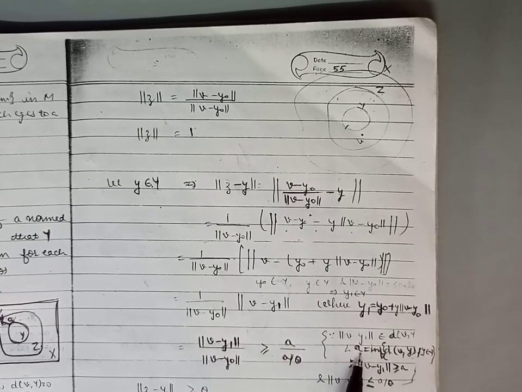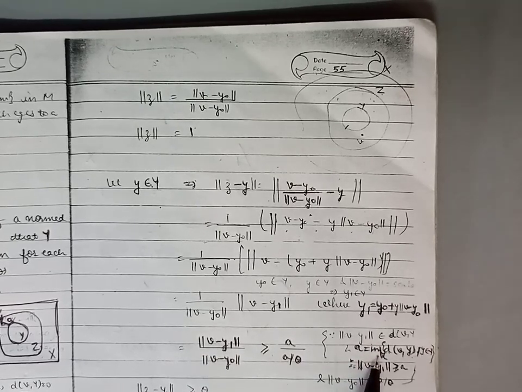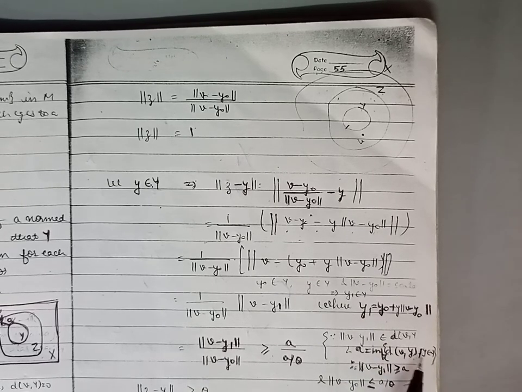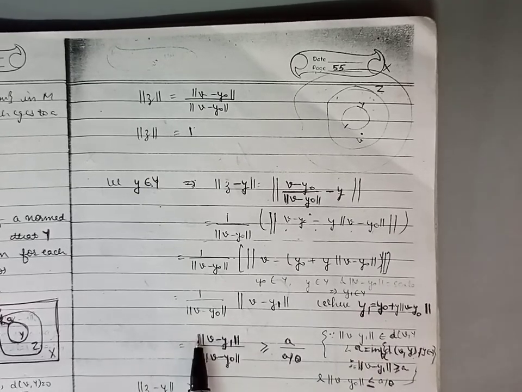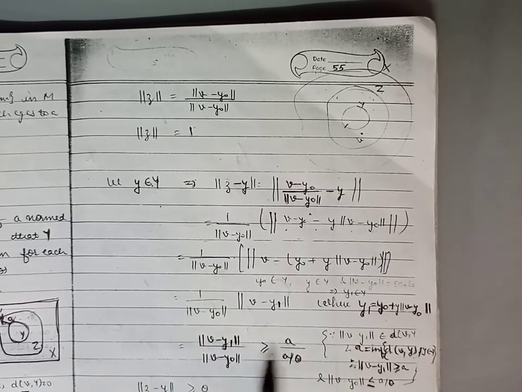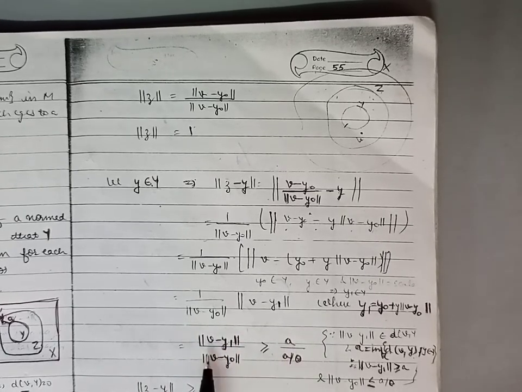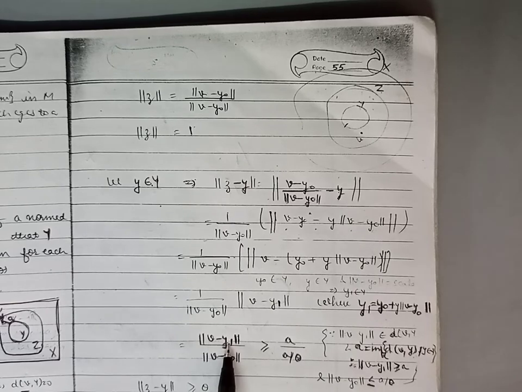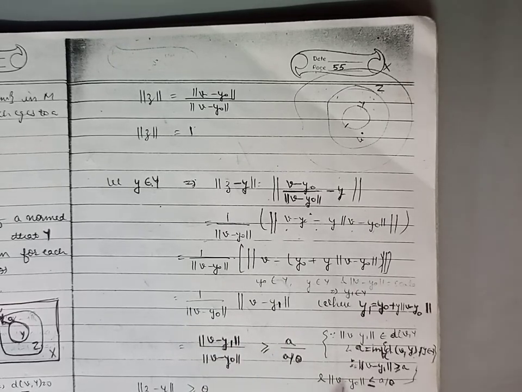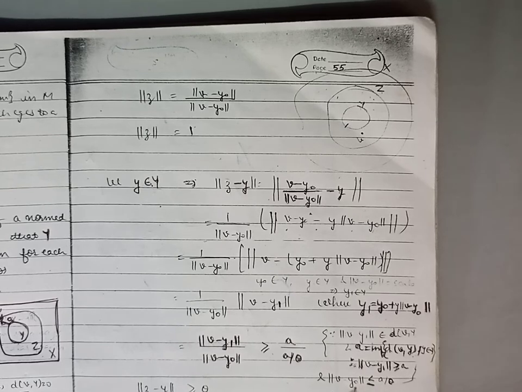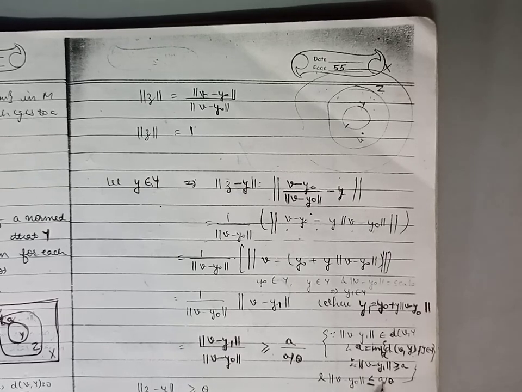Now because A is the infimum of the set of the distances of the elements of the set Y from the element V, this will be greater than or equal to A. It means the norm of V minus Y1 is greater than or equal to A, and also the norm of V minus Y naught is less than or equal to A by theta.